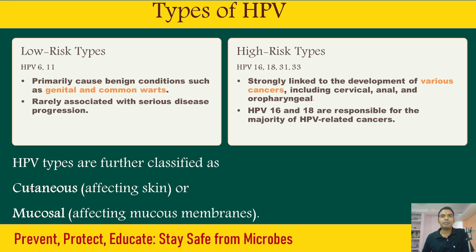Now I am talking about the types of human papilloma virus. As I told in previous slides, 100 different types have been identified to date. Today I'll discuss HPV 6 and 11. Actually, they produce warts. In the first slide, I discussed warts. They produce genital and common warts and are rarely associated with serious disease progression.